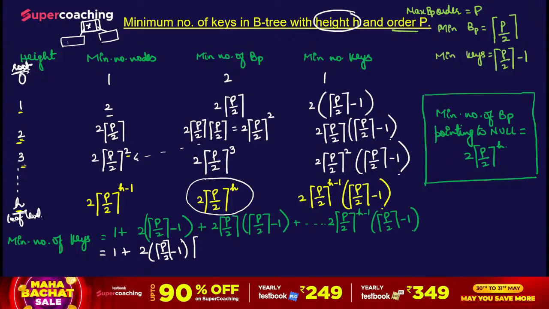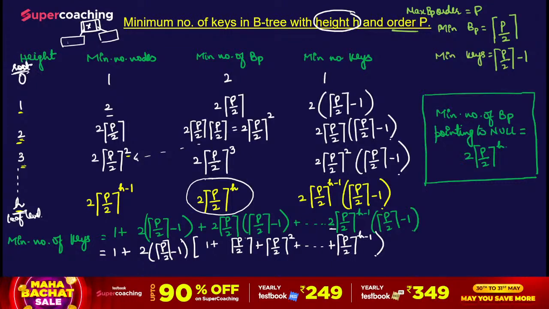So ultimately here we are left with 1 plus 2 into p by 2. 2 already we have taken common. So 1 plus p by 2. From this term, this is taken common. P by 2 square here we will be getting and so on up to p by 2 raised to power h minus 1.